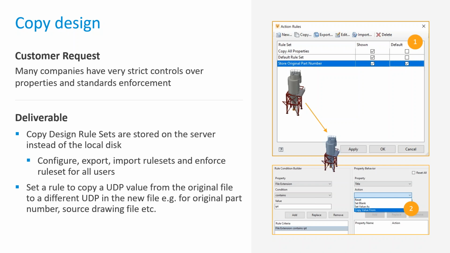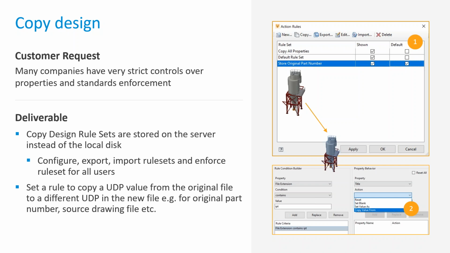Now another really nice benefit for CAD users, a copy design enhancement that I was kind of surprised we didn't have in the past, is the ability to copy properties from the existing source data to a property in the new copy.